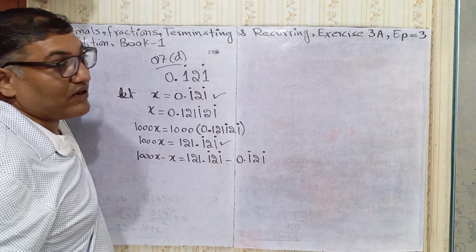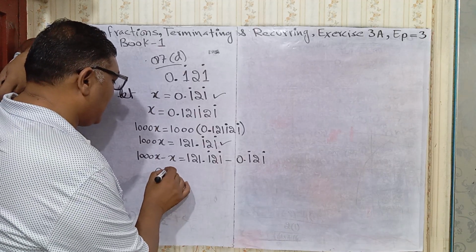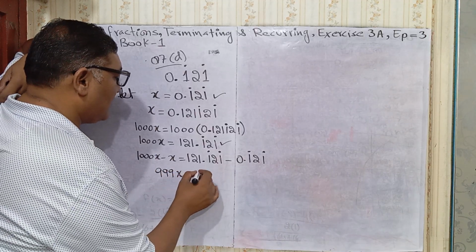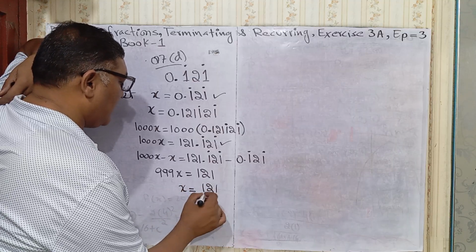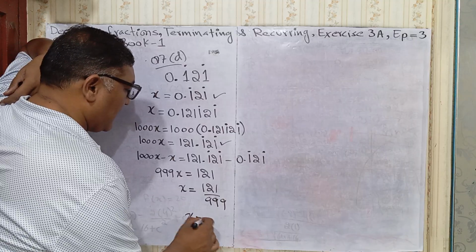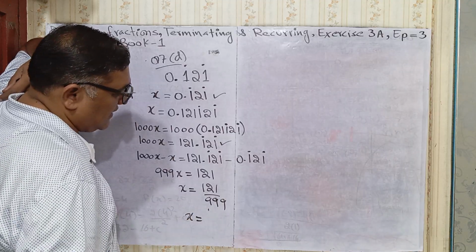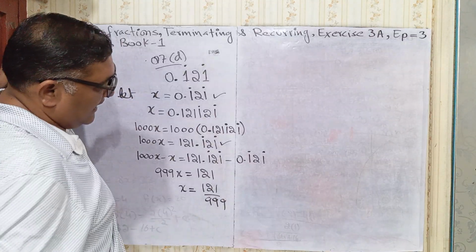From the left side I've subtracted the left side, and from the right side I've subtracted the right side. So this will become 999x equals 121. So x will equal 121 divided by 999. Can we cancel them? I don't think so. Let this be like this.